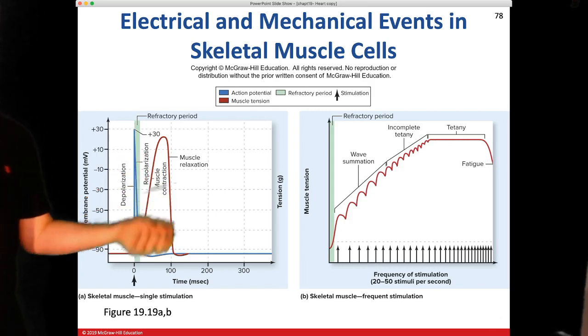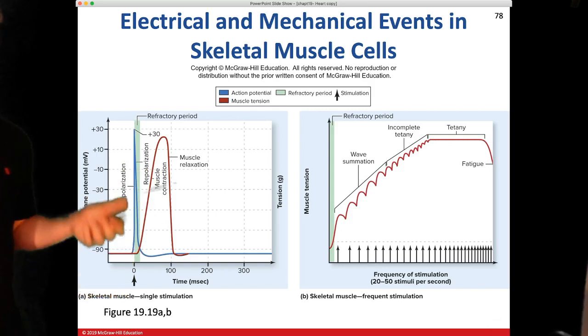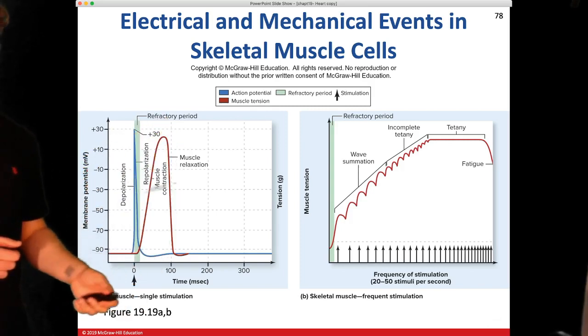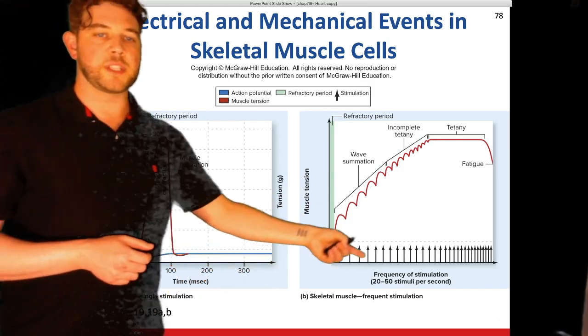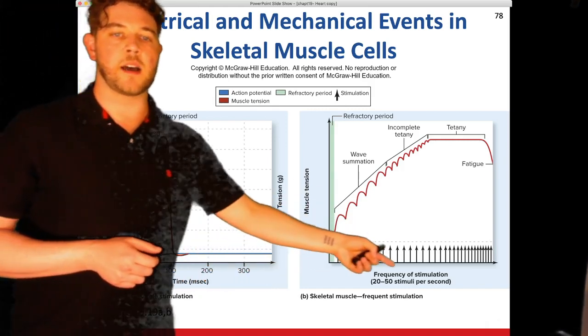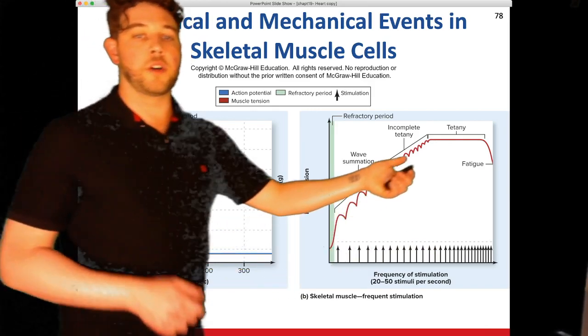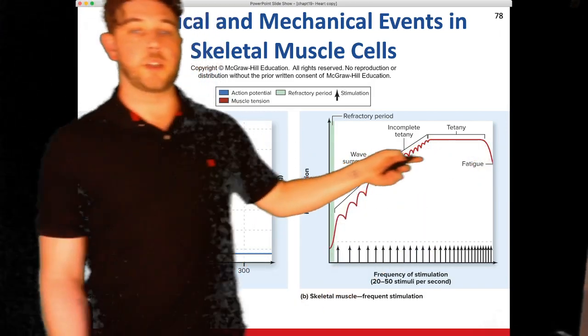So this is just for skeletal muscle cells. You see that you can have an electrical event and then a corresponding contraction, or you can have this prolonged frequency of stimulation. You can have a lot of nervous stimulation leading to this prolonged, eventually constant contraction until you have muscle fatigue.